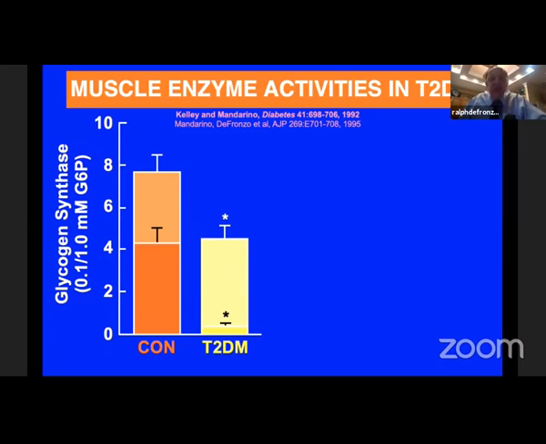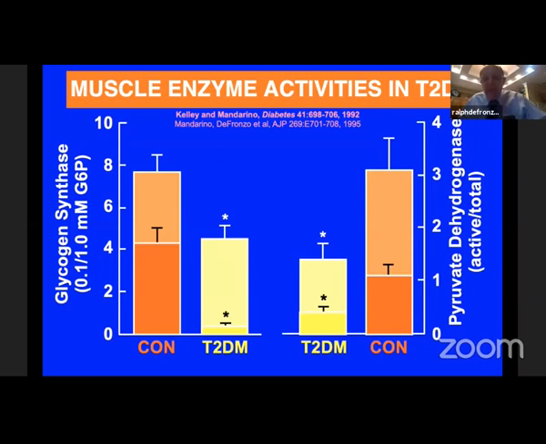The height of the bar represents the total amount of glycogen synthase, and the dark part of the bar represents the amount of active glycogen synthase. I think it's very clear that in the type 2 diabetics, the total amount of glycogen synthase is decreased, and almost all of this is accounted for by a decrease in the active form of glycogen synthase. And this, of course, explains the major defect in glycogen synthesis during the insulin clamp.